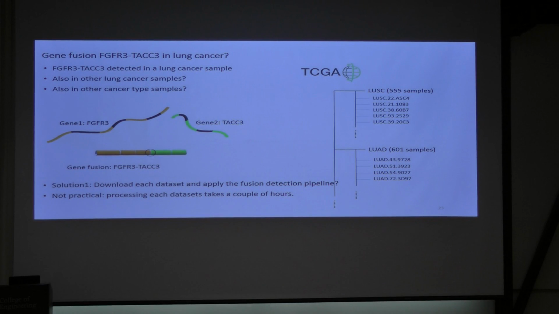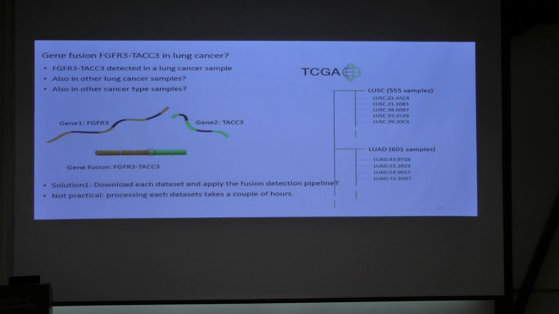One way to do it is to download the data from all the public data sets and run tools like MapSplice3 to analyze them one by one. But that's not practical at all, because in our experiment, it takes a couple of hours to process each data set. If you consider a database called TCGA, we have more than 1,000 data sets, even for only lung cancer.